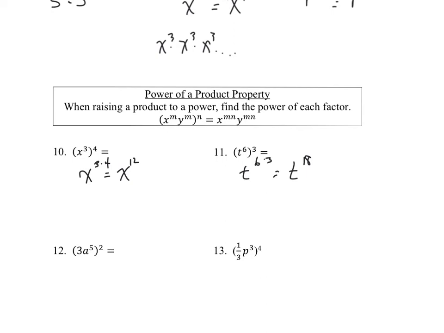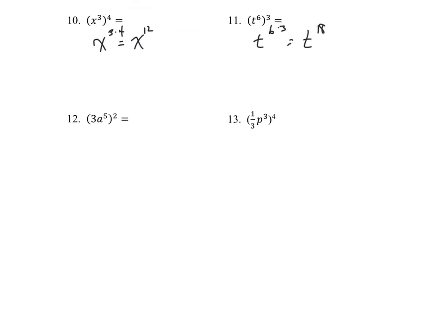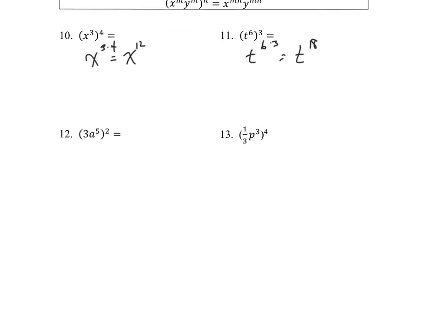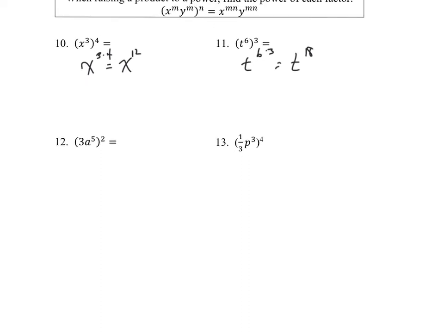In number 12 here, you have 3a to the 5th squared, meaning what this looks like is you're going to take 3a to the 5th times 3a to the 5th. So what you're going to do is almost distribute that squared to each piece inside there, okay? Because you can see here you have 3 squared.